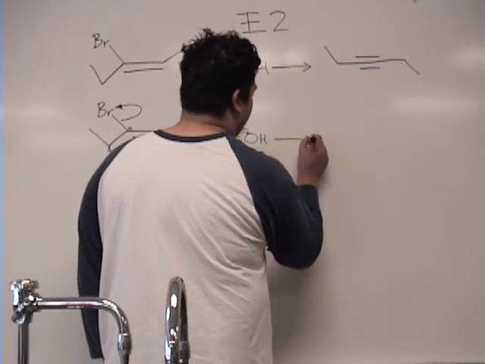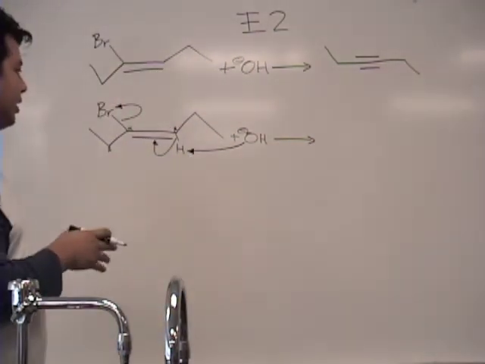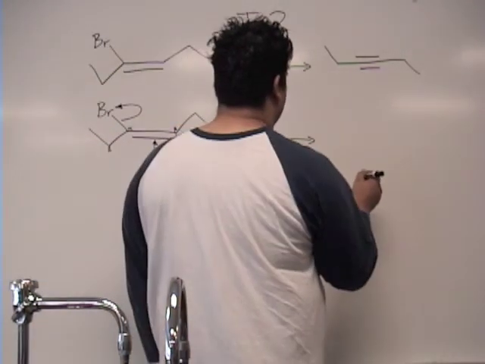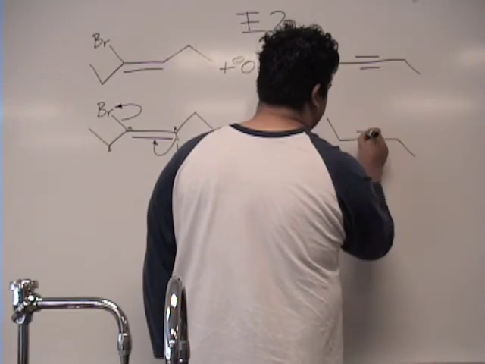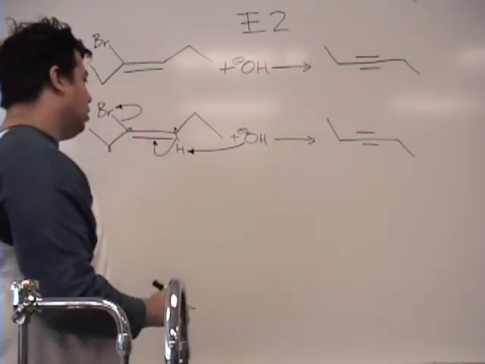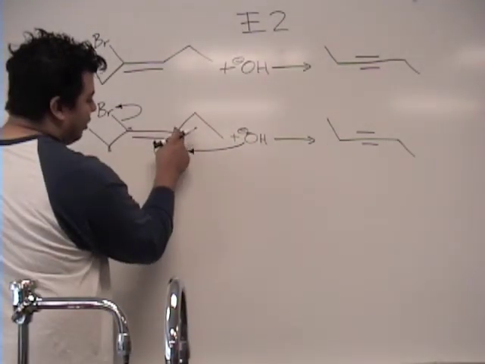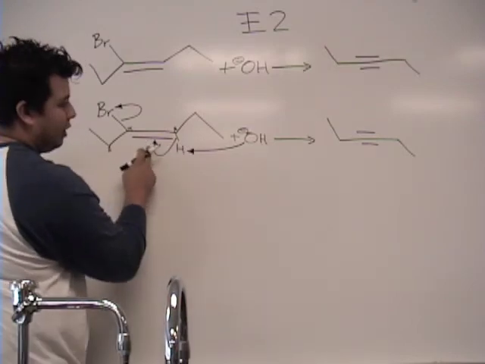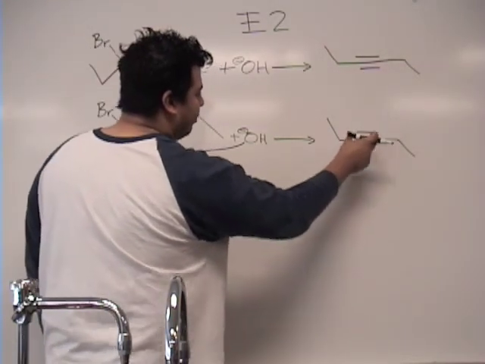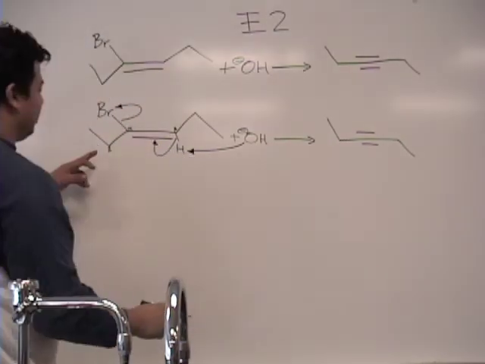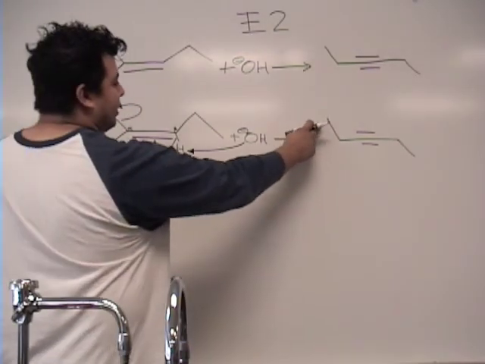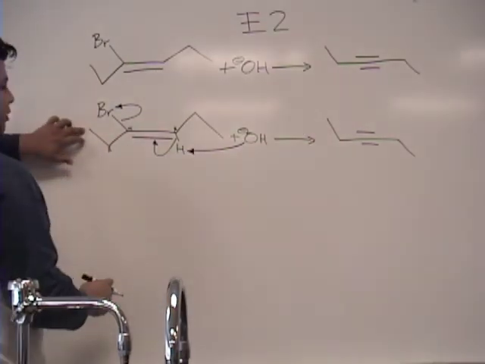So we said it's one step, one concerted step, and what we get is this right here. When this bond broke, it made a triple bond right here, and then we have one carbon here, which is this one.